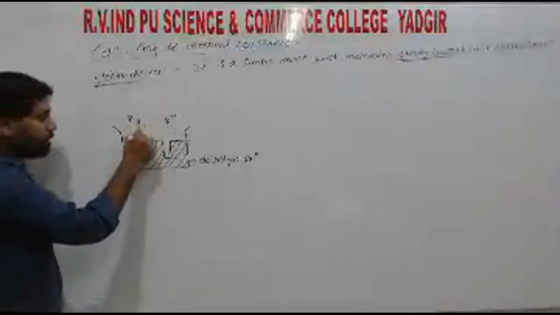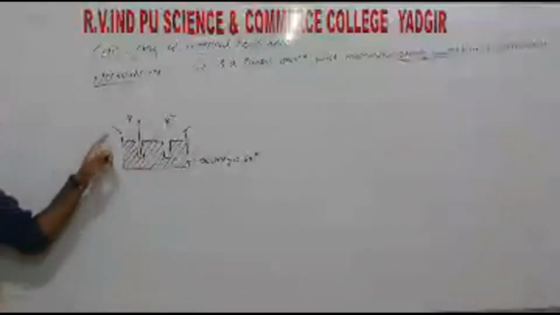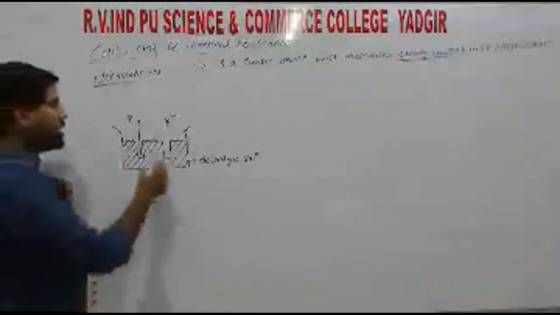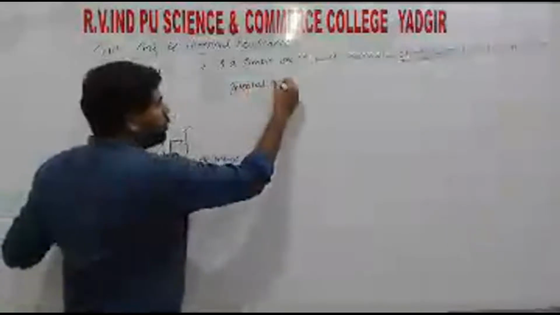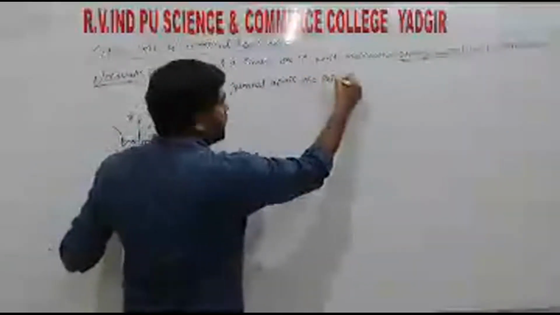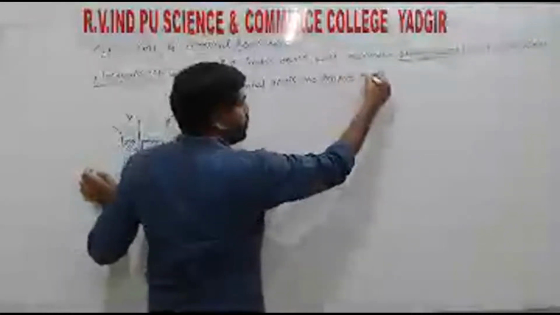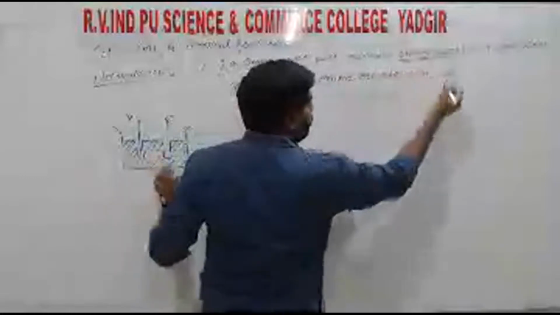Here the positive electrode P has a positive potential, right? So we take the potential across the positive electrode, that is equal to V plus.